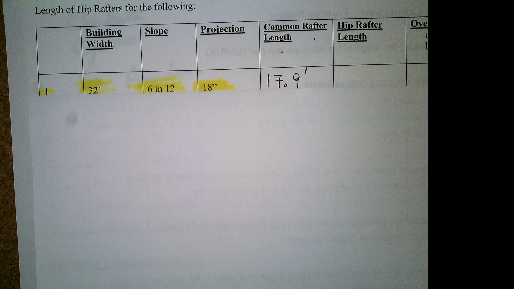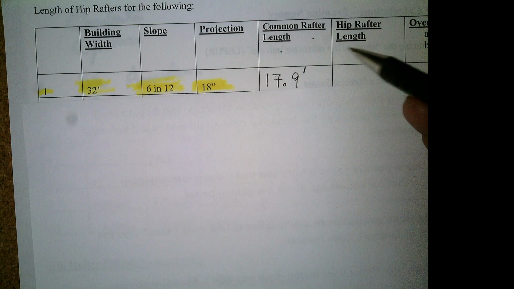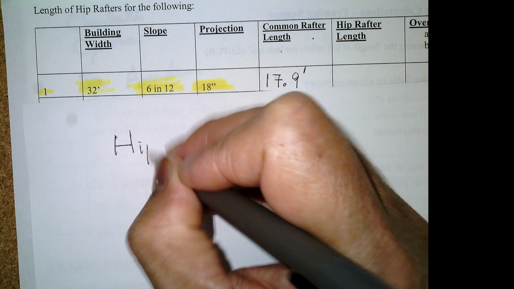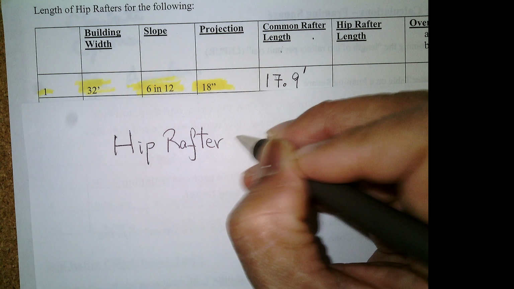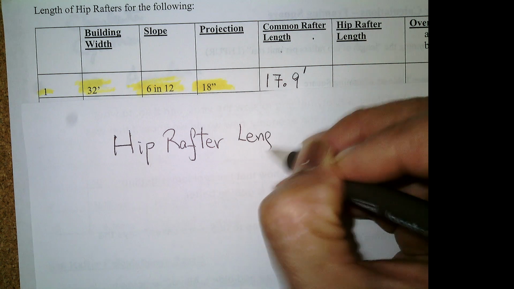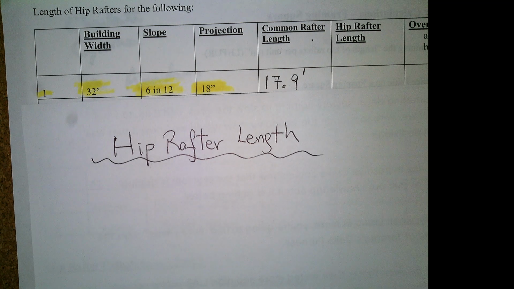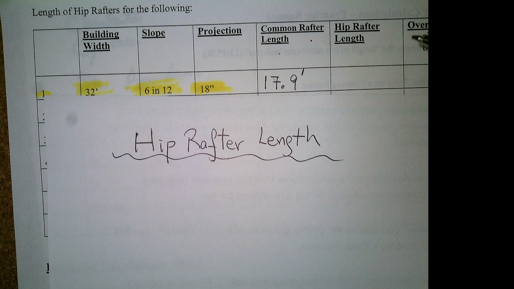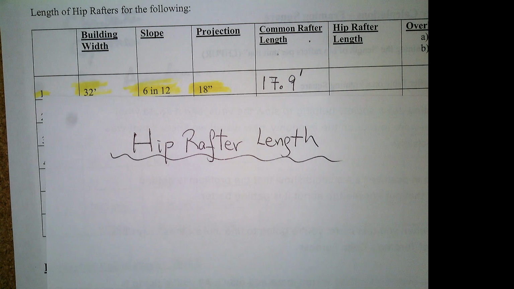Now for the second, I'm going to show you the hip rafter length, using the formula from the example, which relates the hip rafter length, the common rafter length, and the run, forming a triangle.